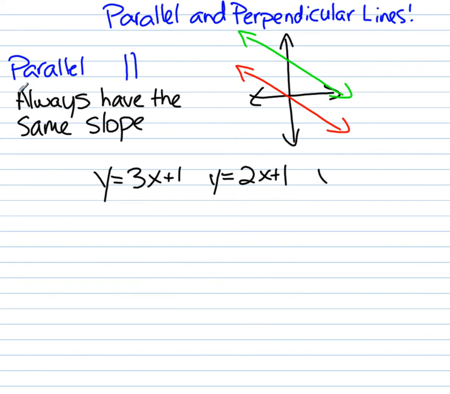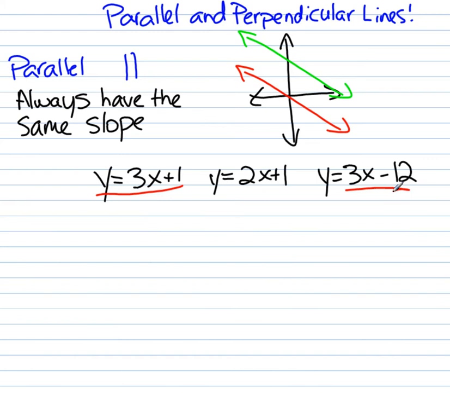What if we had these? Are any of those parallel? No. Yes. Which ones? The first and the last one. Why is that? Because they have the same slope. That's it.